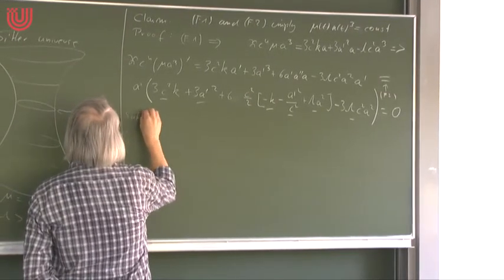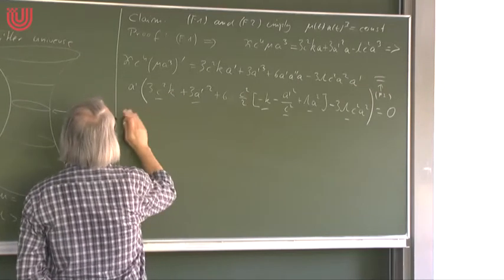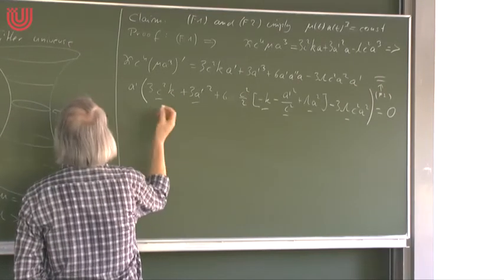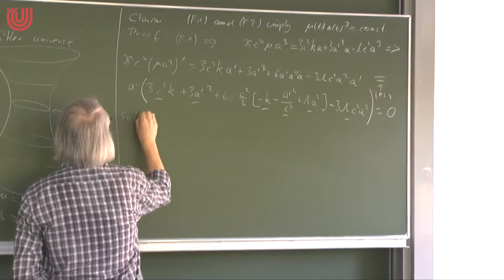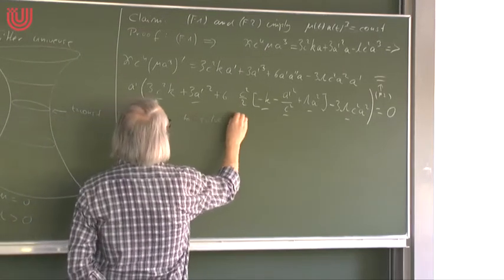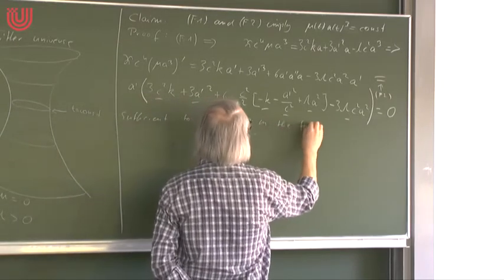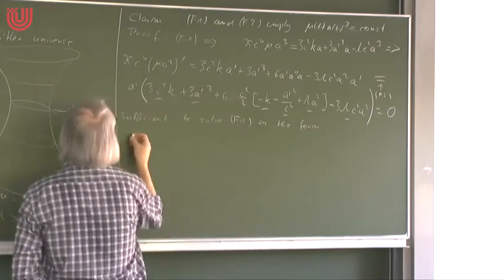So let me write this down. Suffices, let me give a name to the integration constant. Let me see how it comes out. So my claim is it is sufficient to solve f1 in the form, so what was f1?